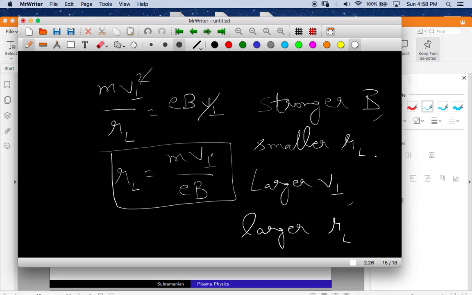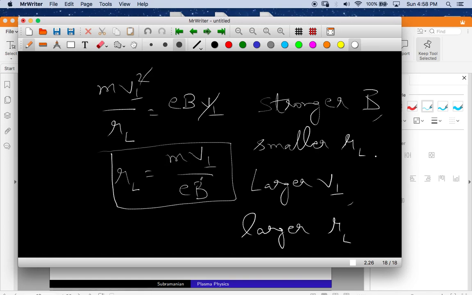The way I like to think about this is that it's about who's calling the shots. The v perpendicular is an indicator of the particle's kinetic energy, or the particle speed. And where did the particle speed come from? Maybe it's hot, so it's the thermal speed. And the B, of course, is an externally imposed magnetic field. And of course, everything does depend upon the particle mass as well.